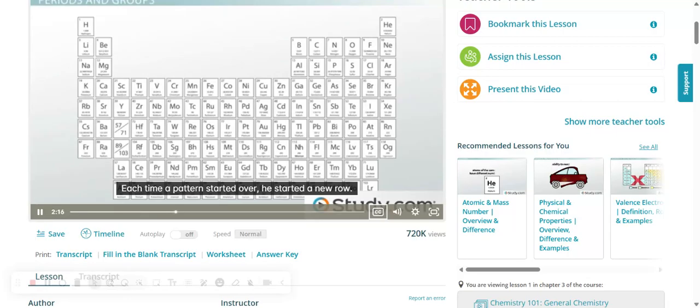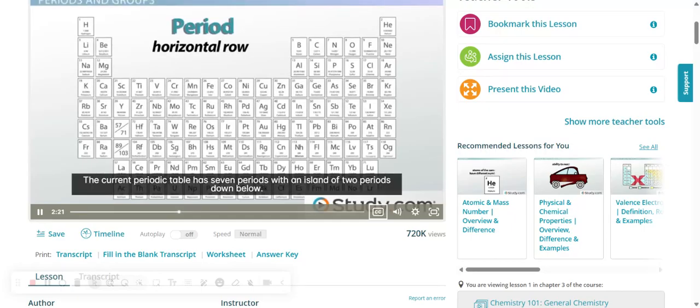A period on the periodic table is really just a horizontal row. The current periodic table has seven periods, with an island of 2 periods down below.